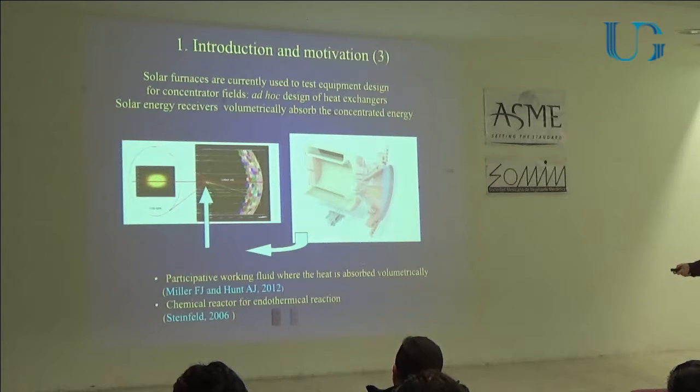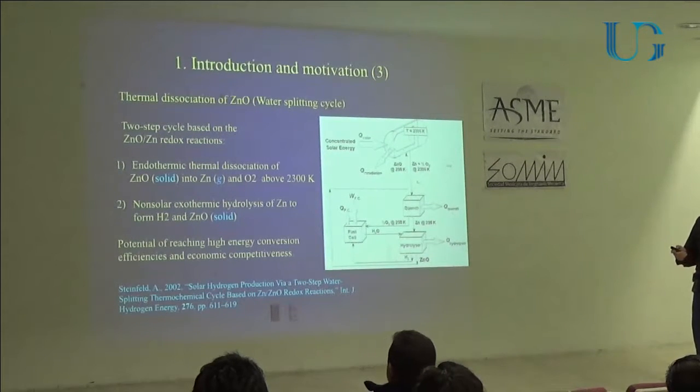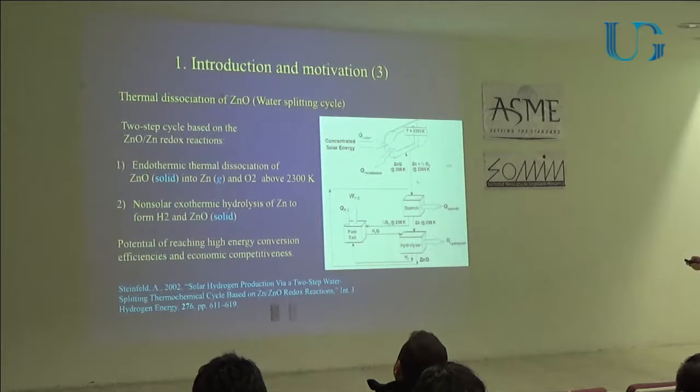And also, we are looking for chemical reactions that are suitable or convenient for these systems. One of the most important, in my opinion, chemical reactions is the dissociation of zinc oxide, or tin oxide is the proper name in English, I don't know.